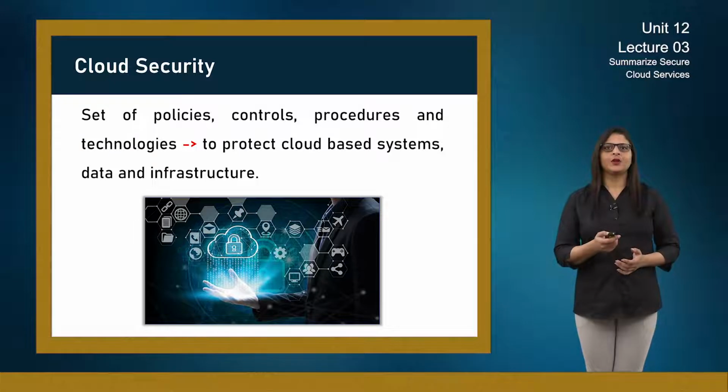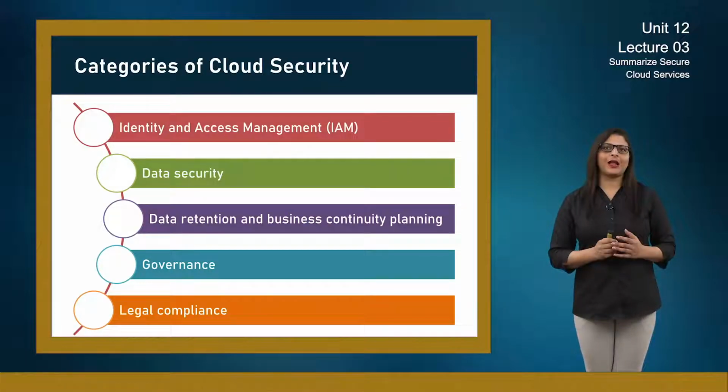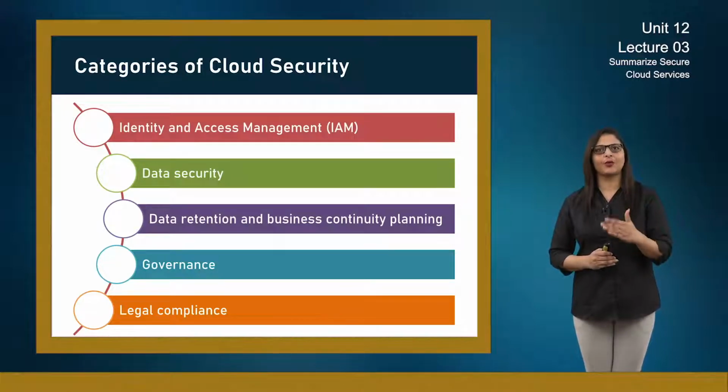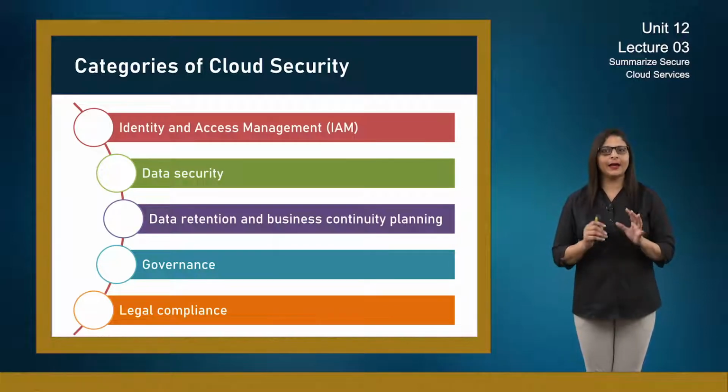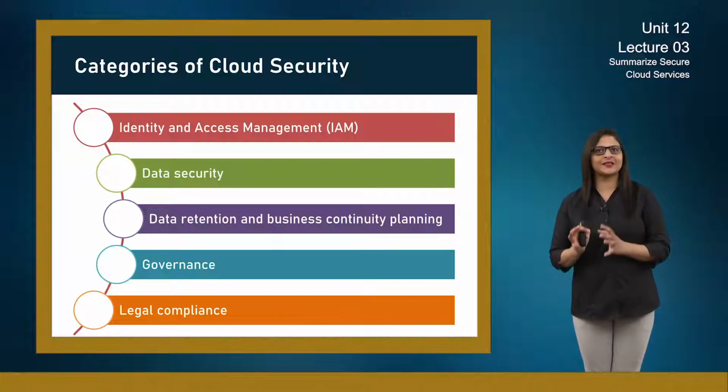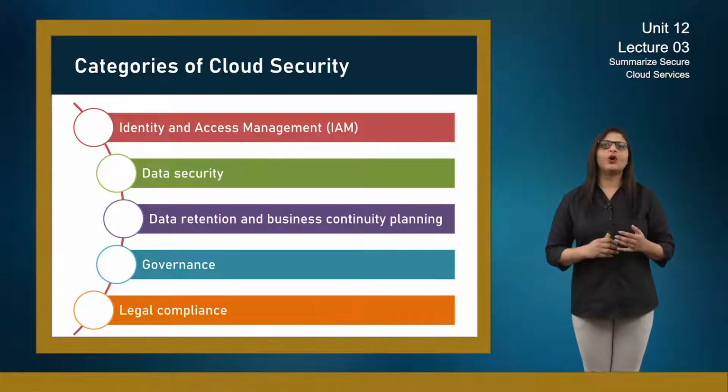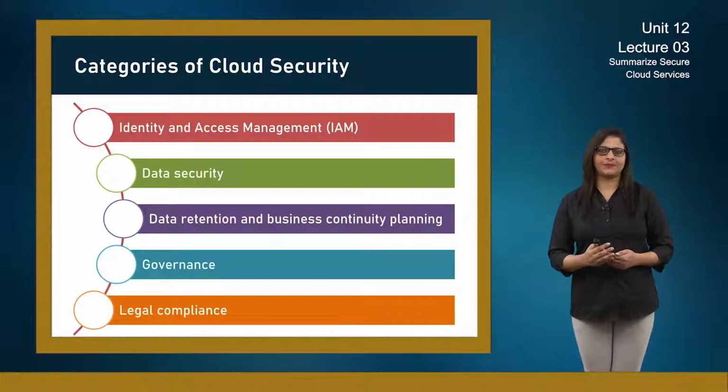Okay. Next are the categories of cloud security. At its core, cloud security is composed of different categories. Number one is IAM, Identity and Access Management. IAM pertains to the accessibility privileges offered to user accounts. Managing authentication and authorization of user accounts also applies here.